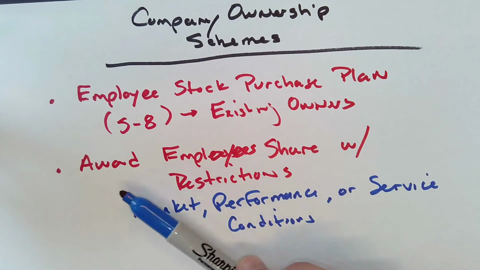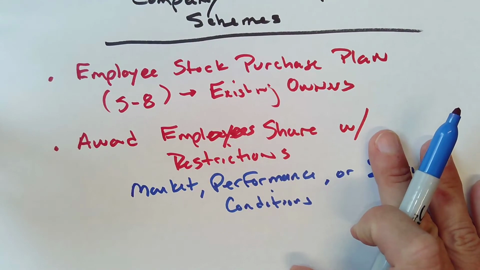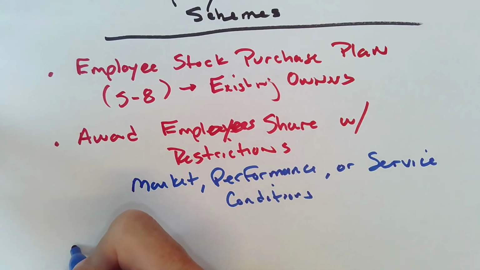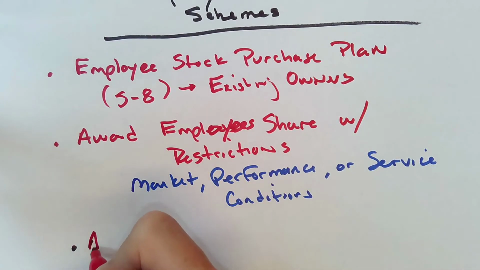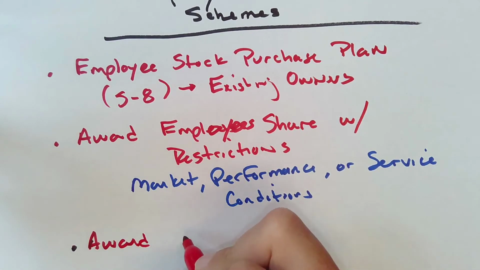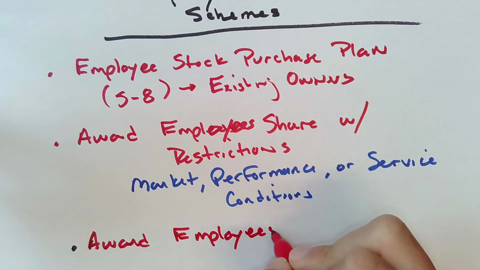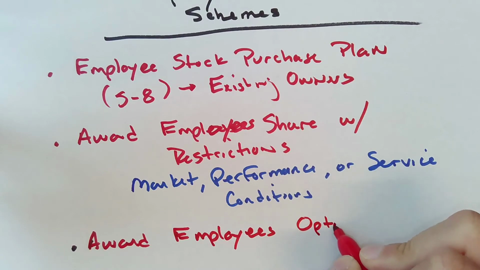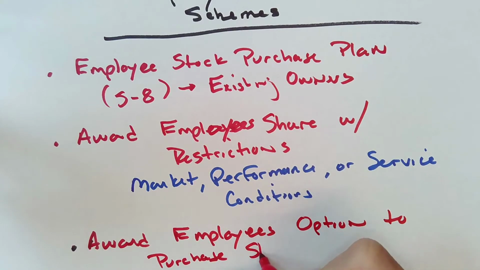So I can award employees shares with restrictions, or I can award, whoops, wrong color, sorry about that, I can award the employees options to purchase shares.